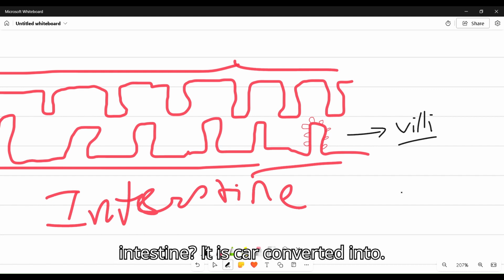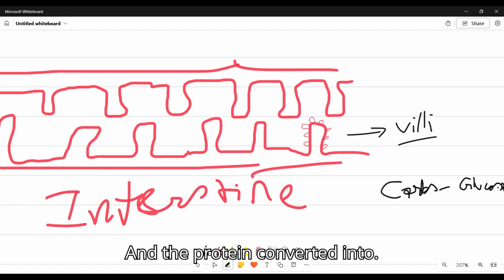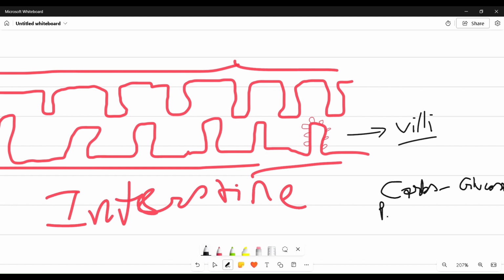Carbs are converted into glucose and the protein is converted into amino acid.